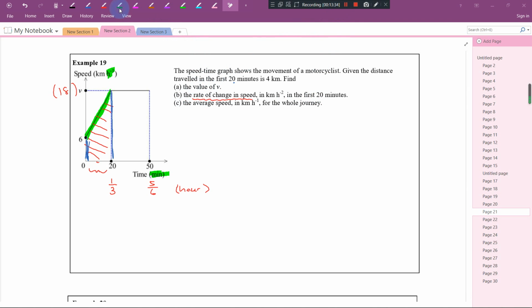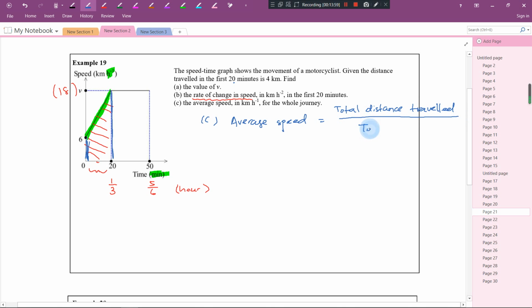Okay, so first you have to recall what the formula for average speed is. Hopefully you still remember. Average speed is equal to the total distance travelled divided by the total time taken.